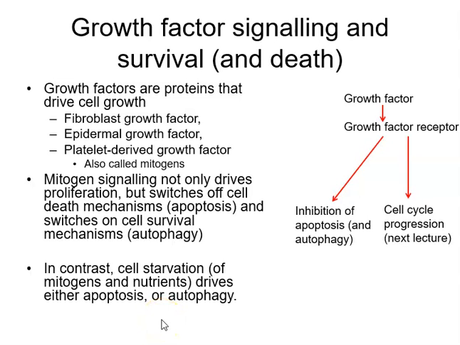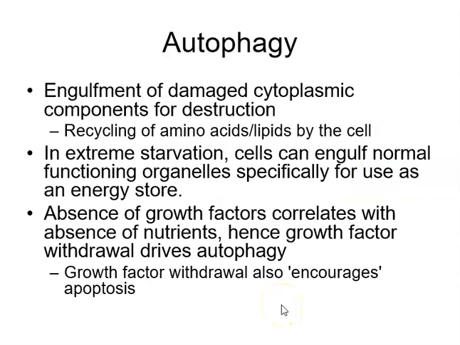In contrast, cell starvation, of mitogens, of nutrients, or of oxygen, can drive either apoptosis or autophagy. Now, autophagy is a stage where the cell can enter a transient state where it is devoid of nutrients and starts to engulf its own cytoplasmic components for destruction. This can be engulfing its own mitochondria and breaking them down and using those as a source of fuel if they are completely devoid of any nutrients.